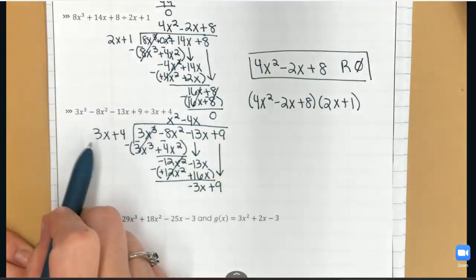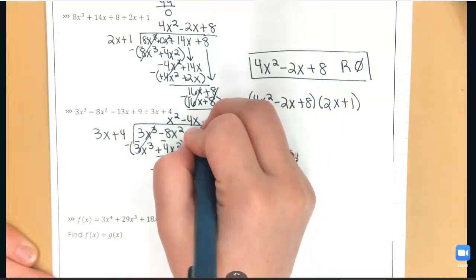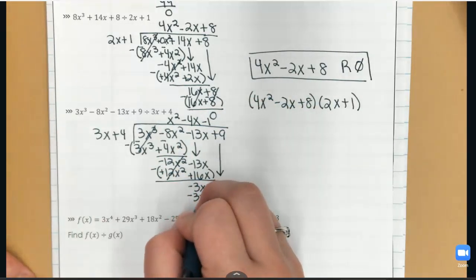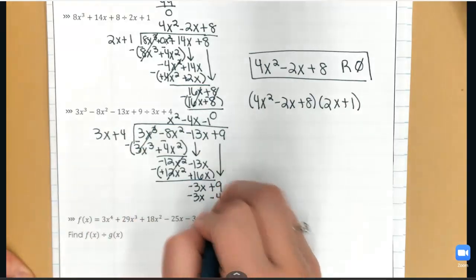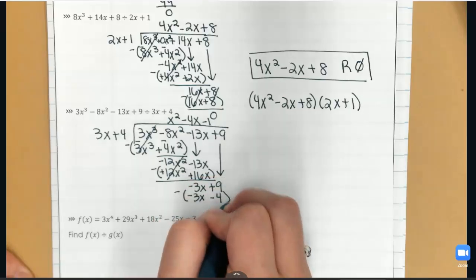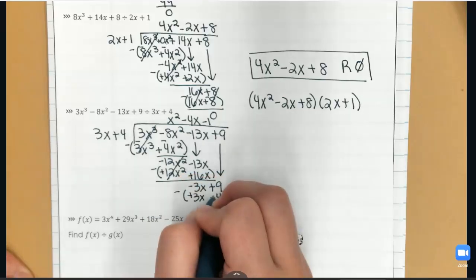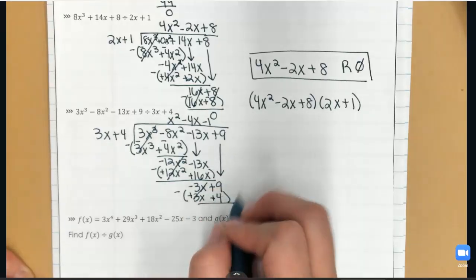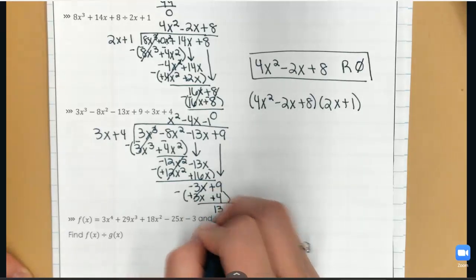What do I need to multiply 3x by to get negative 3x? Well, that would be negative 1. Negative 1 times 3x is negative 3x. Negative 1 times 4 is negative 4. When I subtract that, I have to distribute the negative, so that becomes positive, that becomes positive. So the x's cancel, and I am left with 9 plus 4, which is 13.